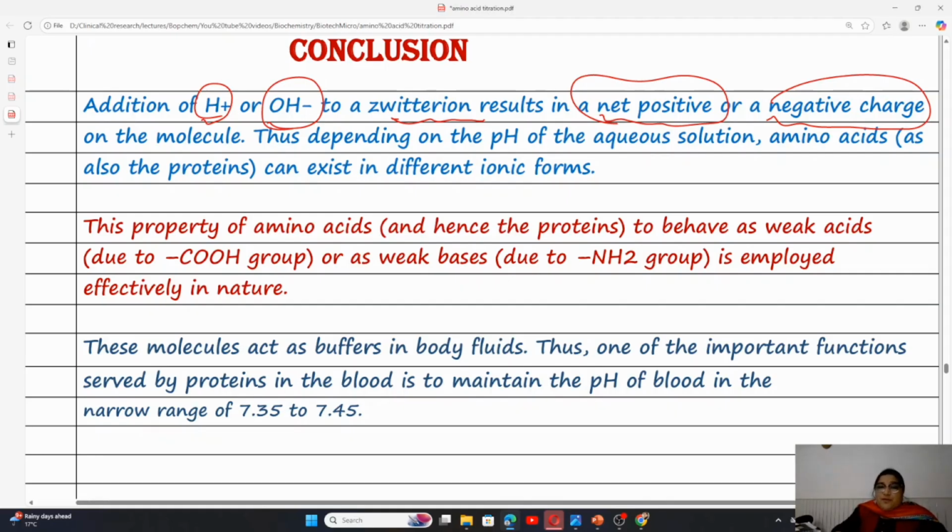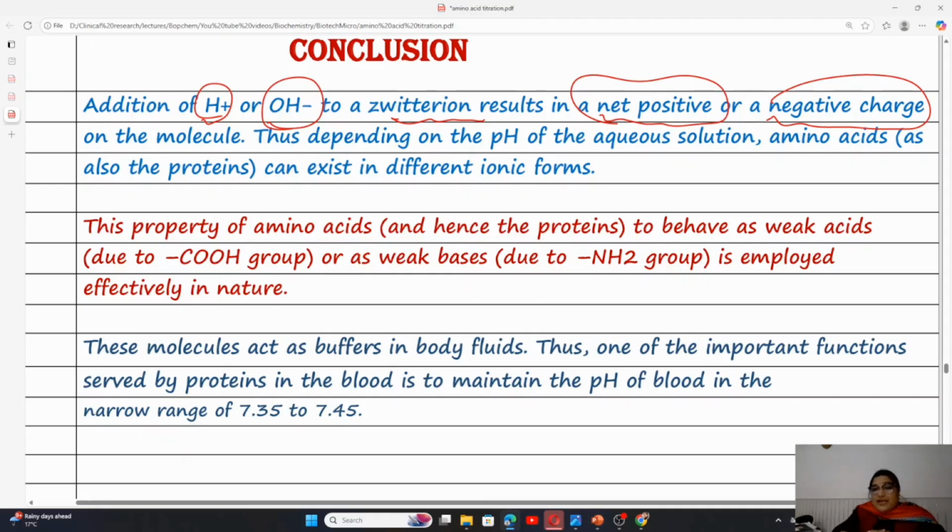Depending upon the pH of the aqueous solution, amino acids and also proteins can exist in different ionic forms, and this property is exploited. Since proteins are composed of amino acids, they can behave as a weak acid due to the COOH group and as a weak base due to the NH2 group.